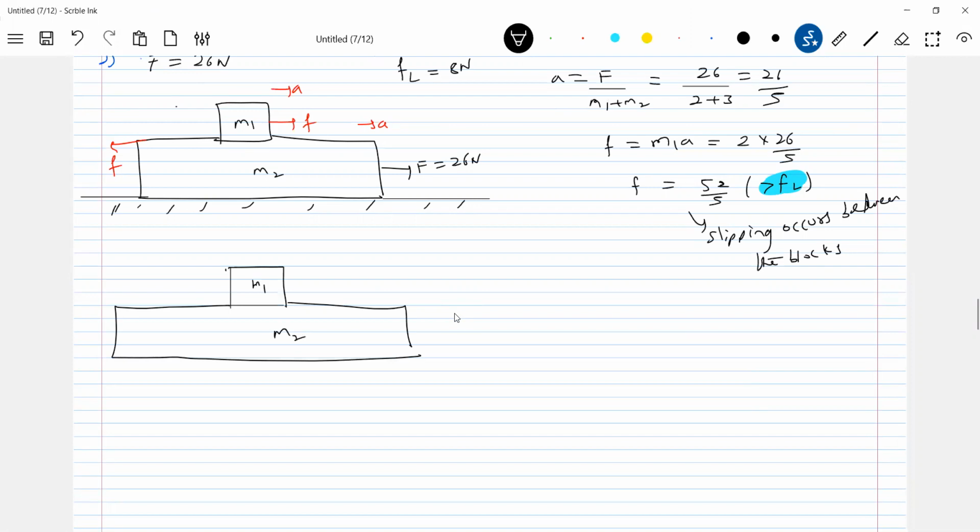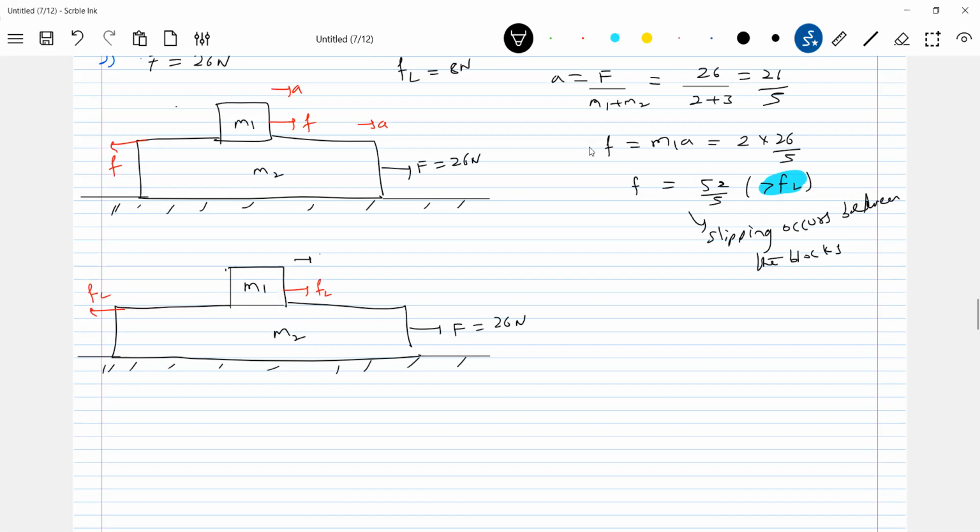So here the limiting friction, this applied force. You wait till the end of the problem. Just make observations rather than asking things.